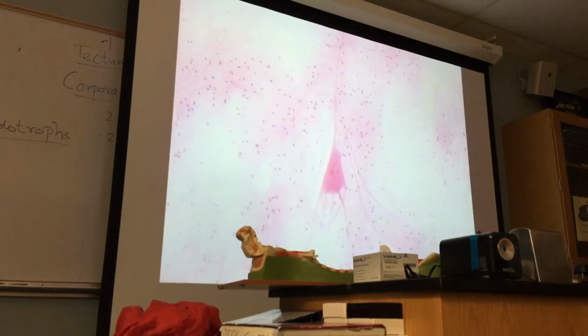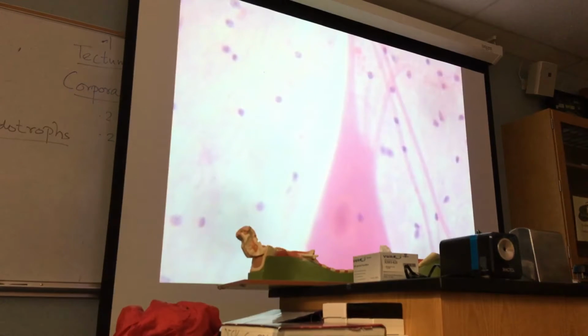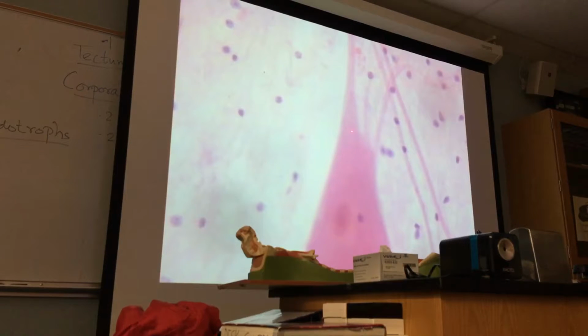So let us go there, and let us have a higher magnification. There you go. So the region from where this is a part of the cell body, from here the axon arises.